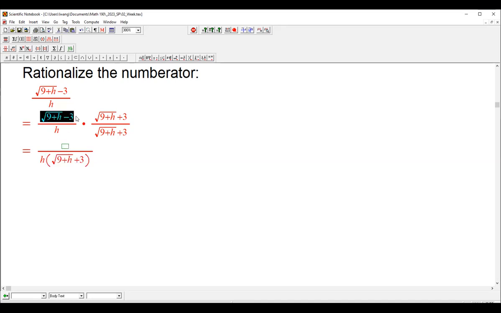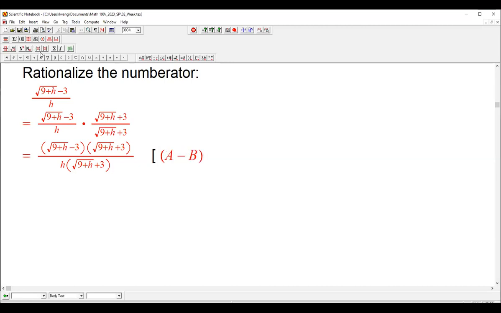Then we multiply this numerator with the other numerator, and now we have a conjugate situation: a minus b multiplied by a plus b equals a squared minus b squared. You can see this formula is used very often.